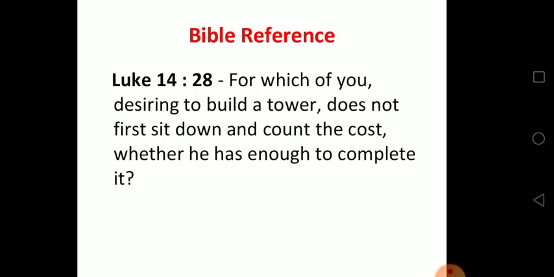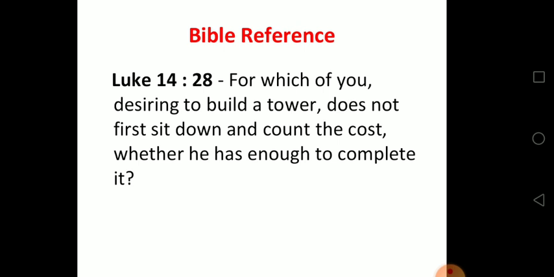And our Bible reference is taken from the book of Luke 14:28, which says, "For which of you, desiring to build a tower, does not first sit down and count the cost, whether he has enough to complete it?"